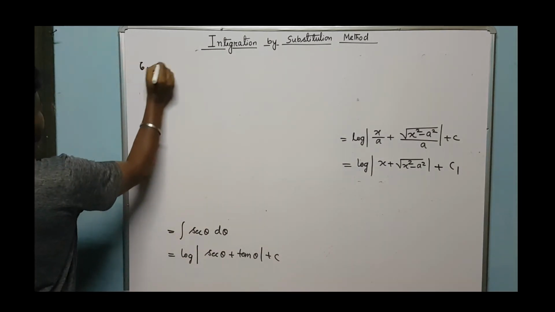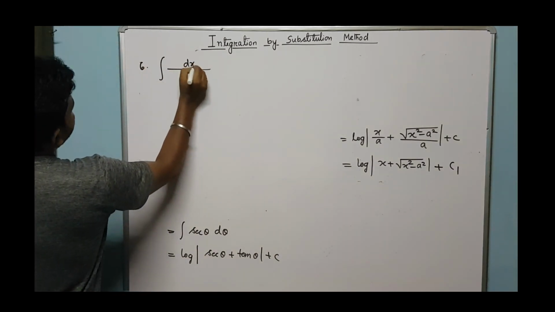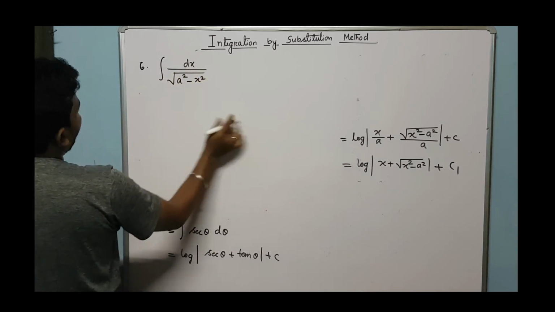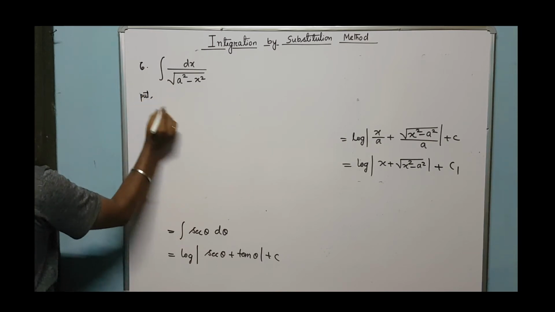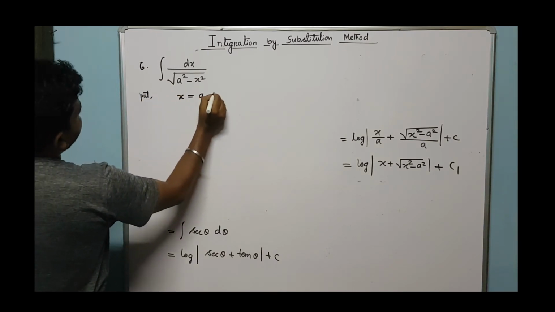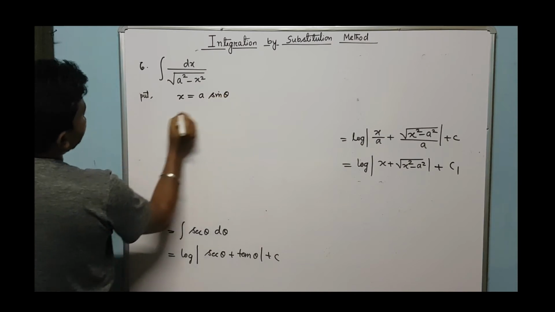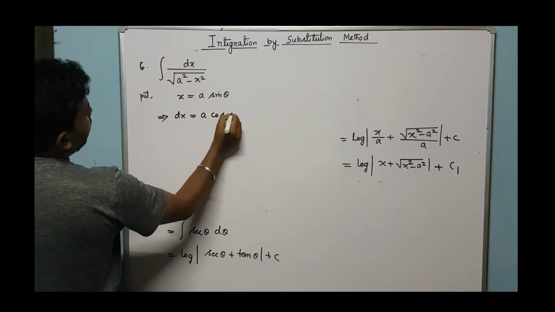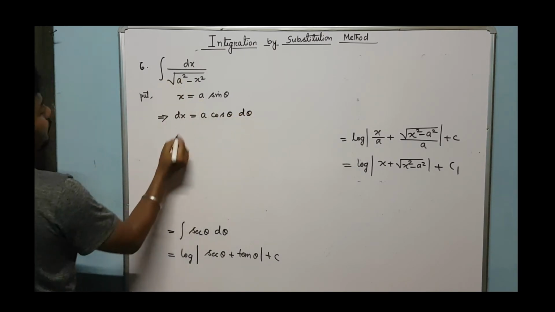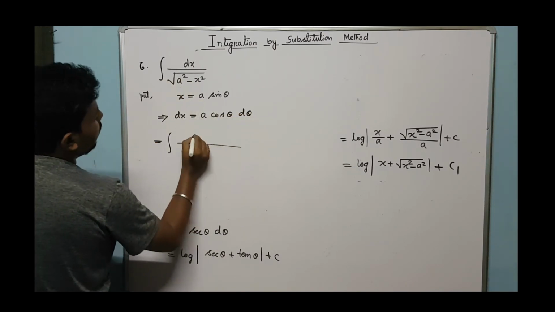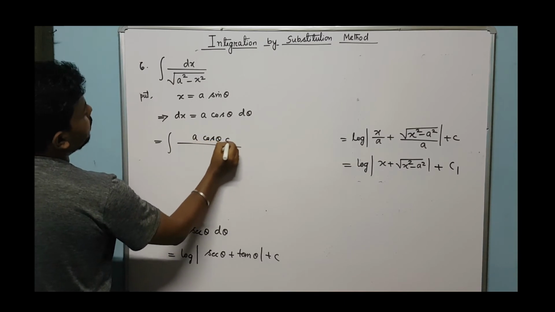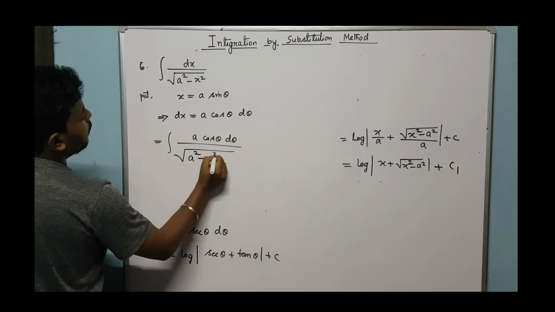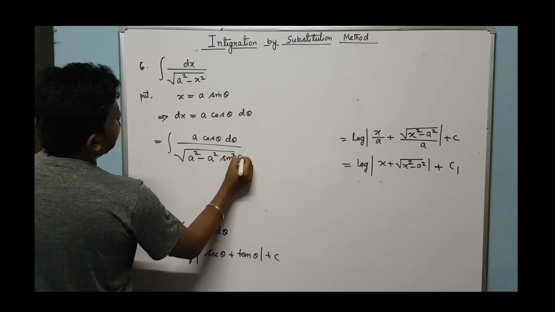Number 6, it is dx by square root of a square minus x square. For this, we put x equal to a sine theta. Now differentiate, dx is equal to a cos theta d theta. Now place the values, you will get a cos theta d theta divided by square root of a square minus a square sine square theta.